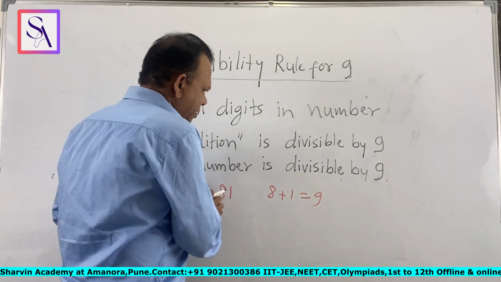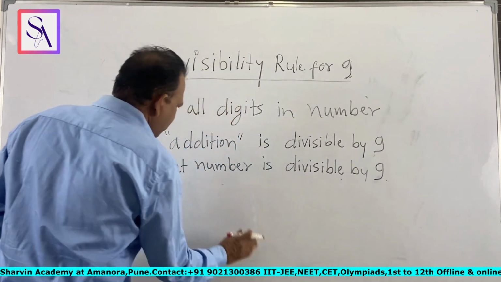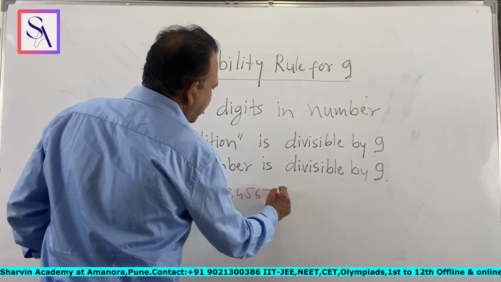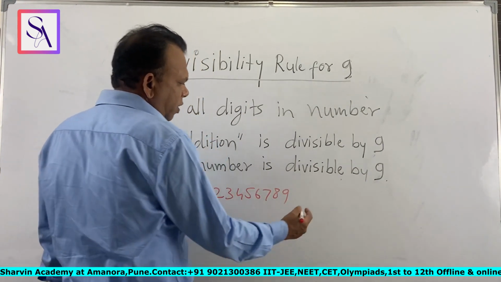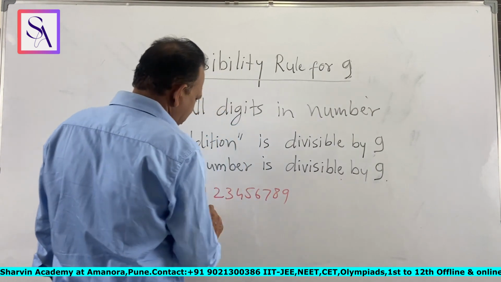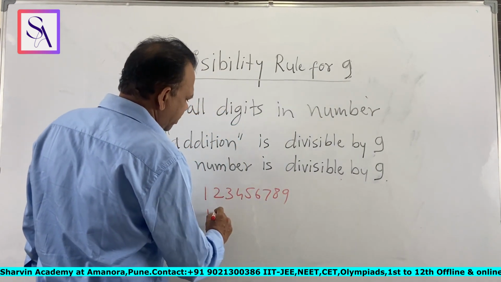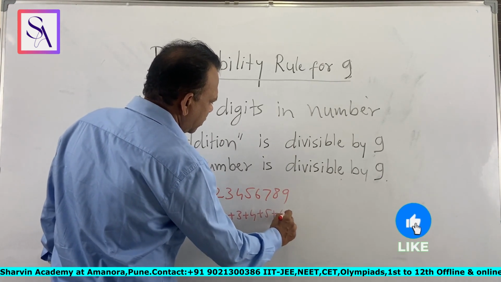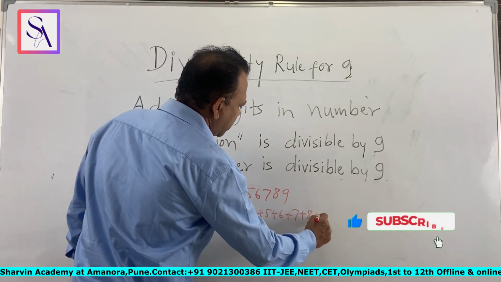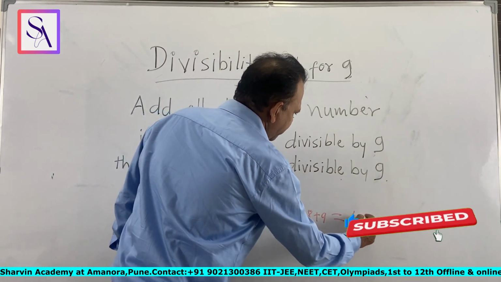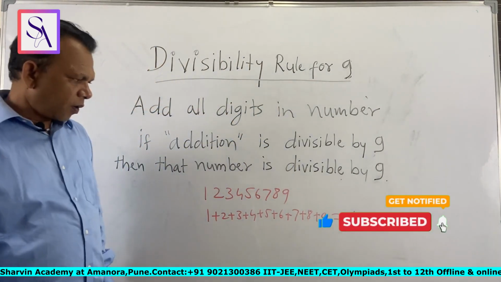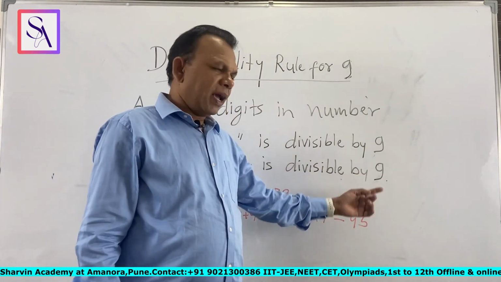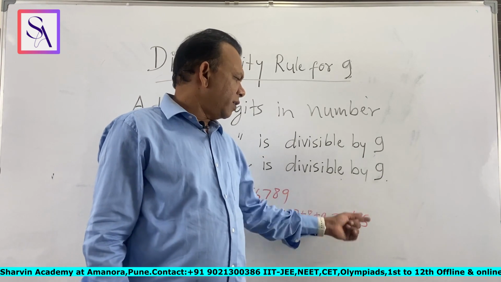Again we have taken the example of 123456789, right? Here we have seen that the addition of all those digits is 45, and 45 is divisible by 9. 9 5s are 45.